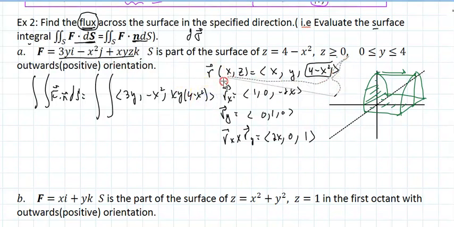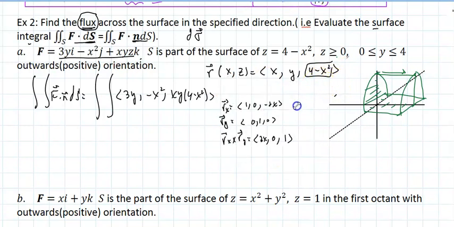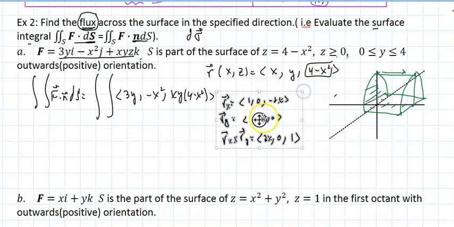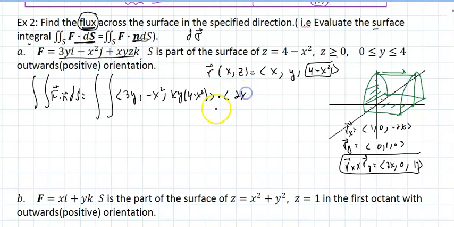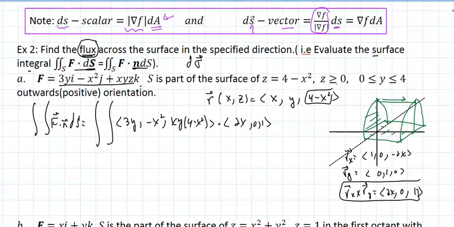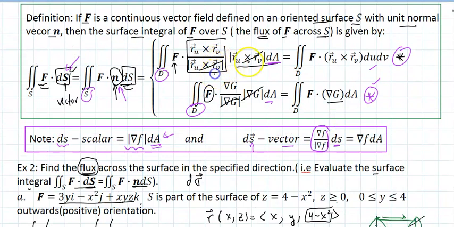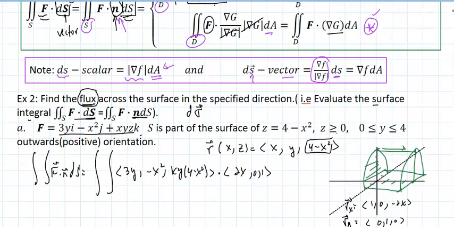And let me just take this, close it a bit, and put it right there. And I'm going to dot that with what? I'm going to dot that with n. Well, in this case, that's not n really. That's a normal, but I need it to be a unit normal. Well, if I put everything together, that's simply 2x, 0, and 1. So I don't need to derive this every time. Divided by its length times the length. I'll go straight for this. Dot it with the cross product. There's the cross product.